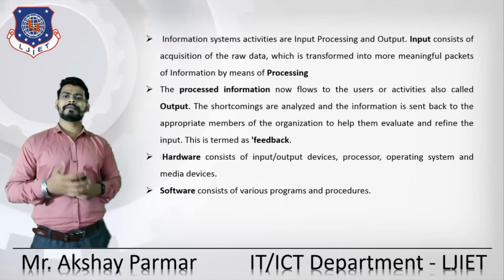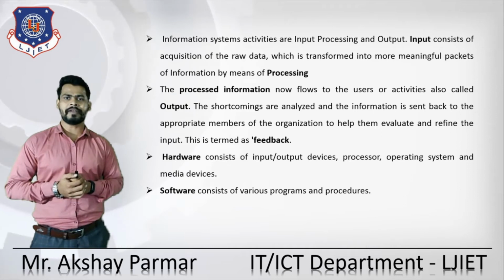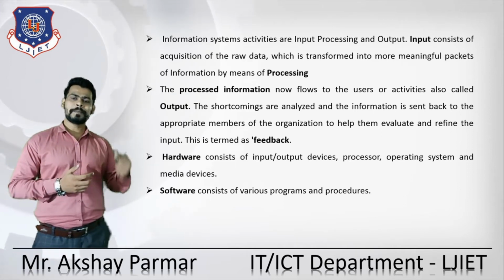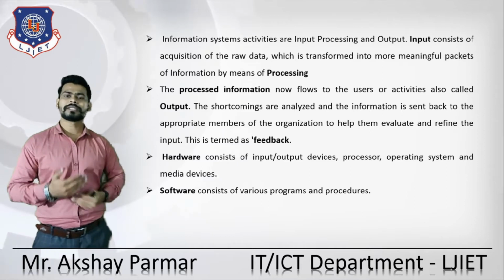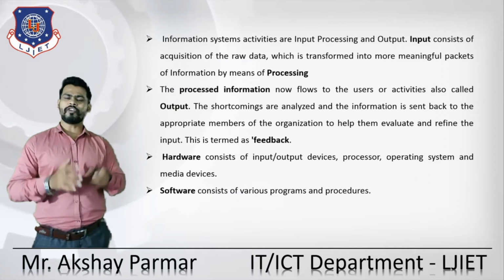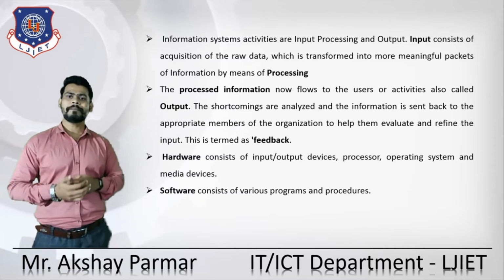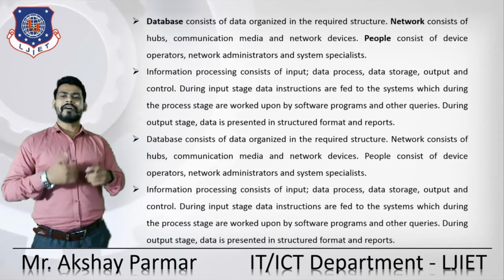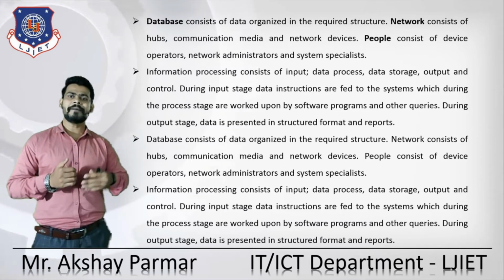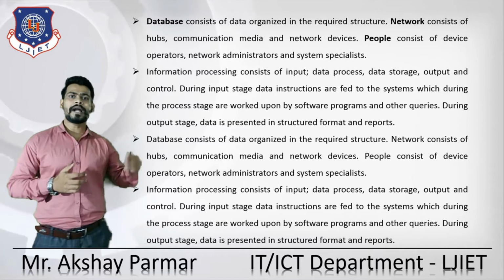After that, what do you mean by hardware and what do you mean by software? Hardware consists of input and output devices, processor, operating systems and media devices, whereas software consists of various programs and procedures. After that, what do you mean by the database? The database consists of data organized in the required structure.